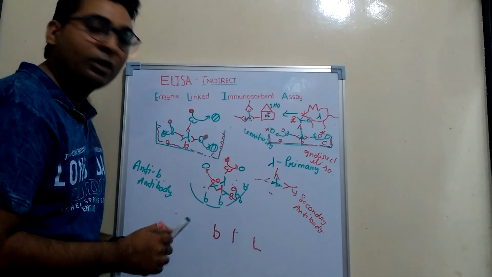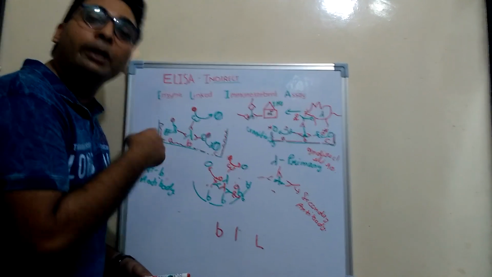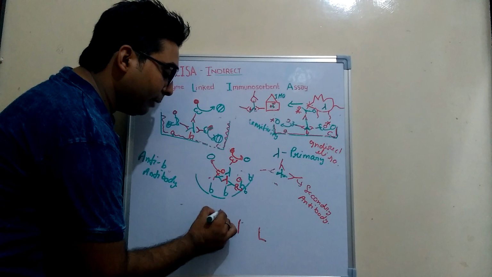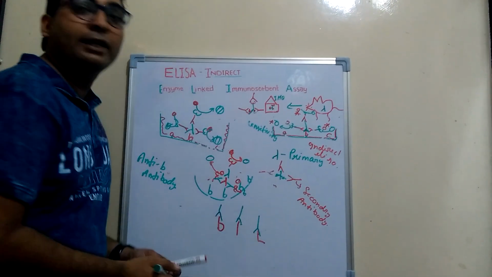for the upper area. If you are using the antibody B to detect antigen B, that antibody can bind here, that antibody can bind here, that antibody can bind here.